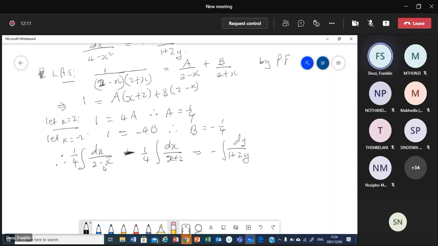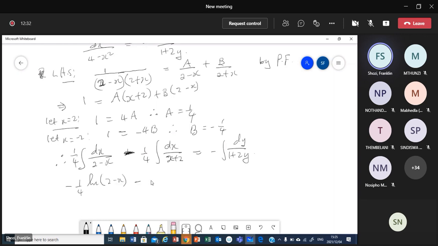Now, what is the integral of this? If I take this one to be my f of x and differentiate, I'll get minus, so I need a minus there. So that will be minus 1 over 4 ln of 2 minus x. Now, if I differentiate this, I'll get 1.